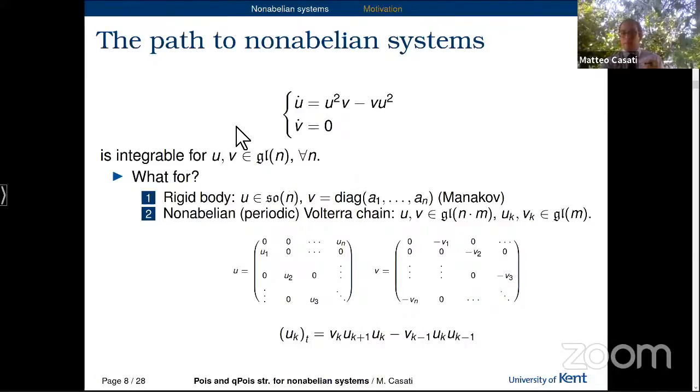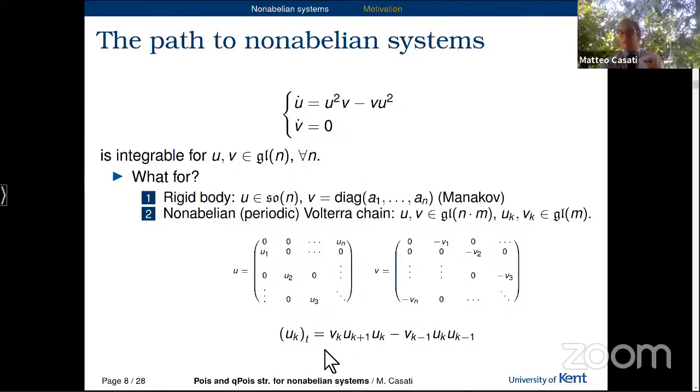And despite it looking like a weird construction, this has at least a couple of interesting and remarkable applications. If your U is in SON, and you take V to be diagonal, this is the system that gives you the equation of motion for a rigid body in Manakov language, according to Manakov's construction. Or if you take U and V to be not in GLN but in GLNM, and you pick m-dimensional blocks on it, then this system gives you a periodic Volterra chain.